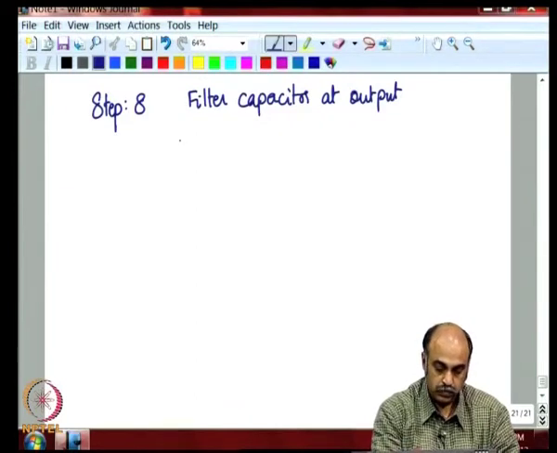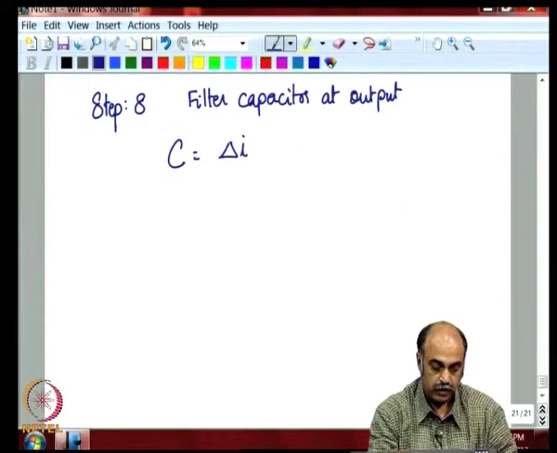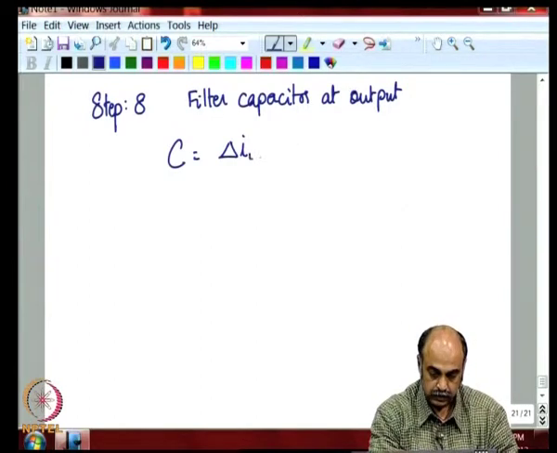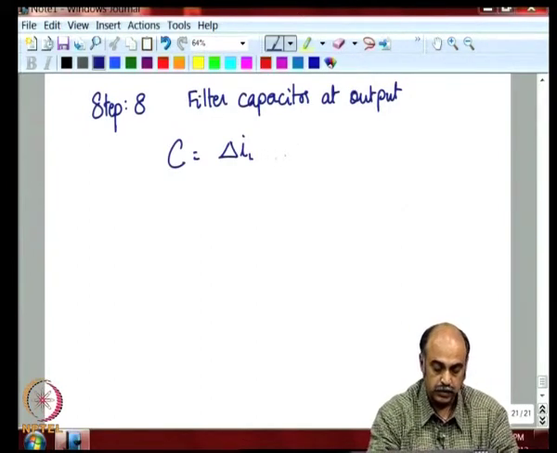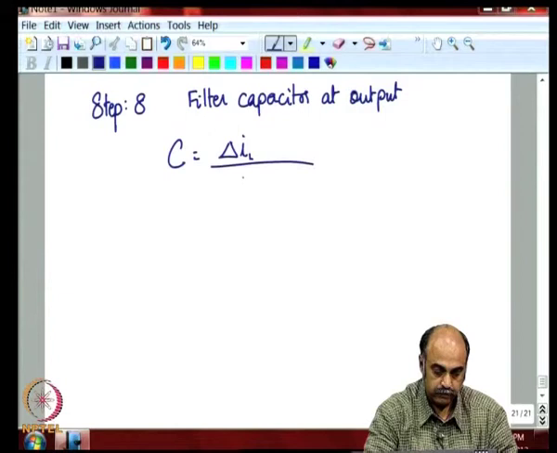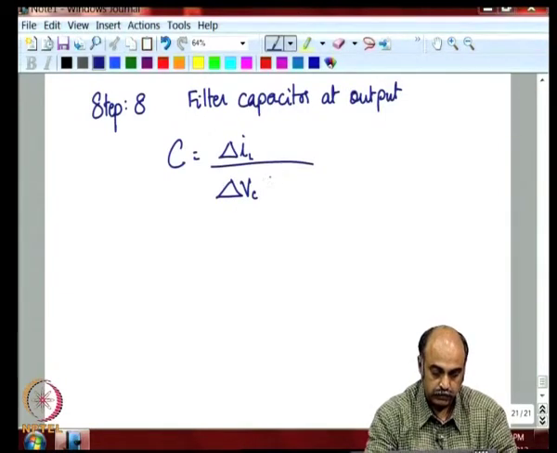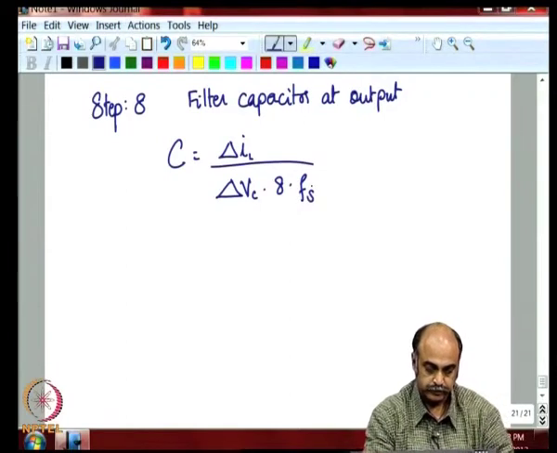So, where you have C, which is delta I L. This is what is flowing through the inductor, and the AC part flows through the capacitor, DC part to the output. Divide by delta V C that you need to give into 8 into Fs.